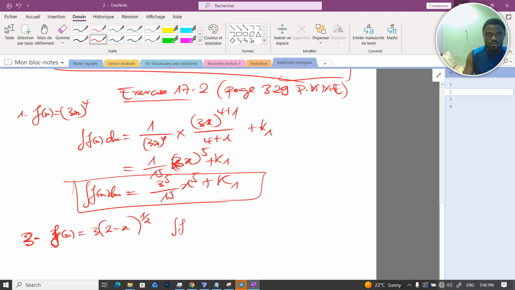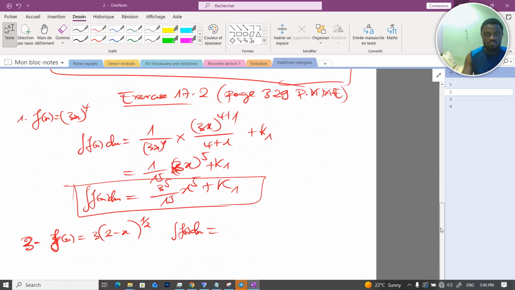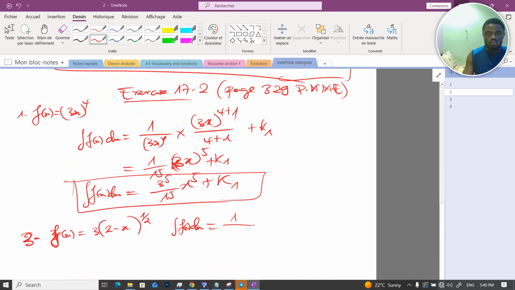The integral of f of x dx will be simply equal to, let's apply our formula. This will be equal to 1 all over what? This prime will be equal to 2 minus x prime times what? Times 2 minus x, pardon, be very careful. I made a small error here.